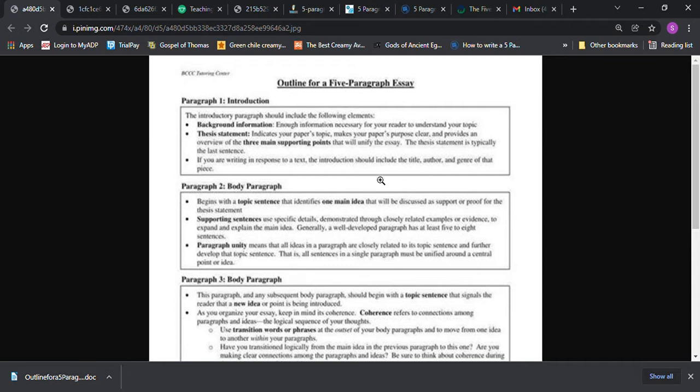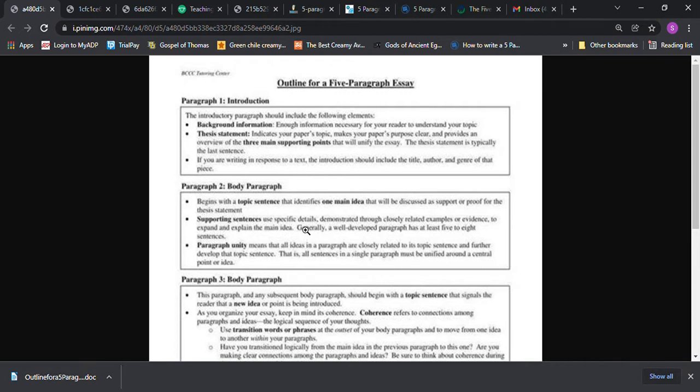So then it talks about paragraph 2. Body paragraph begins with a topic sentence that identifies one main idea that will be discussed as support or proof for the thesis statement. And see, we usually get that from the first paragraph. The second sentence is the first sentence of the second paragraph.